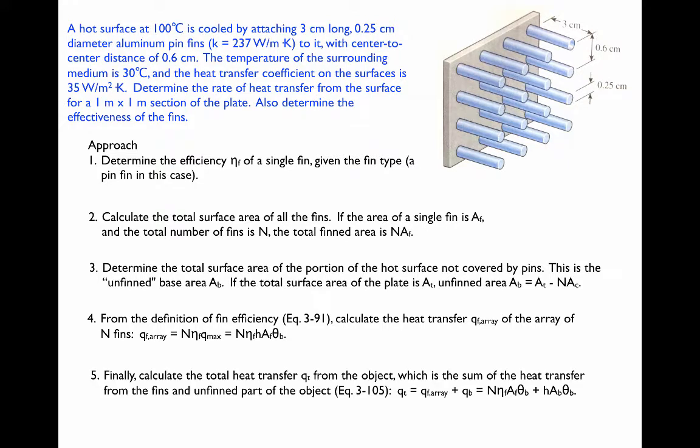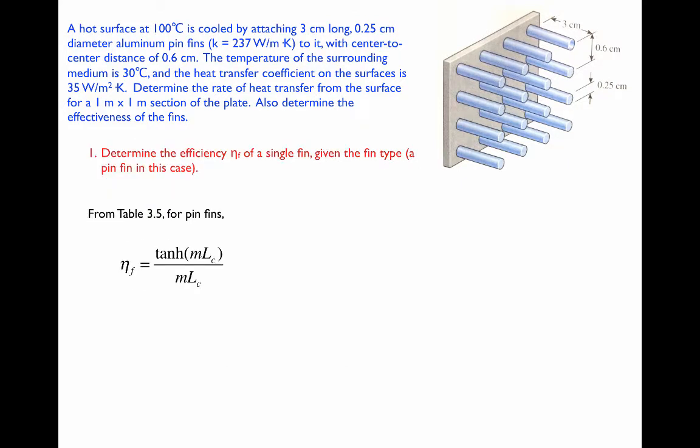And finally, we calculate the total heat transfer from the object, which brings in the heat transferred from the flat, unfinned region of the plate. So the total heat transfer is the heat transfer through the array of pins plus the heat transferred from the base.